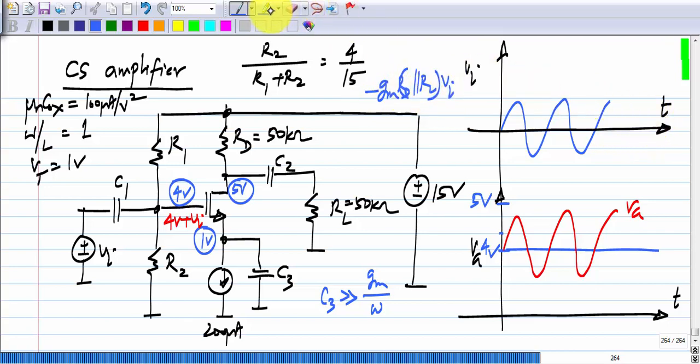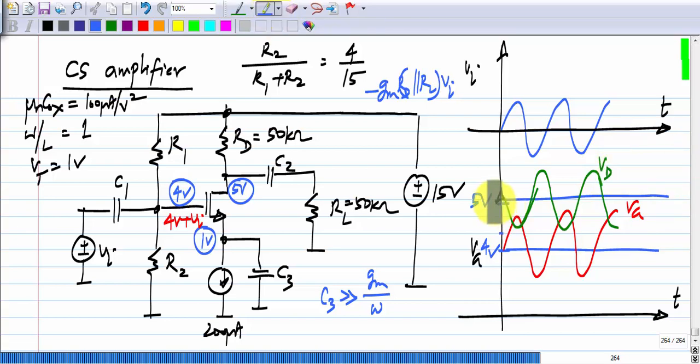This incremental voltage is superposed on the operating point voltage, which is 5 volts. It will be out of phase with the input. This is the total drain voltage.